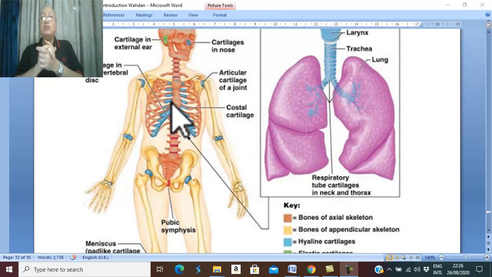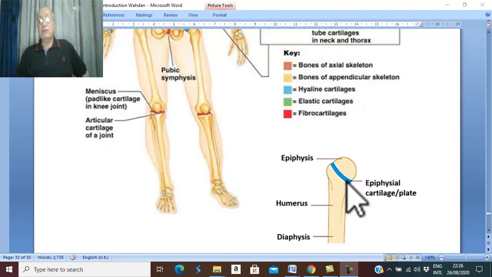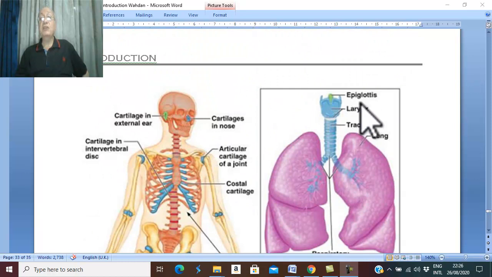Ossification of this cartilage may occur in certain sites. In certain ages, ossification of epiphyseal cartilage occurs, and in very old age, ossification of cartilages of the larynx. This is the first and commonest cartilage present in the human body, which is called hyaline cartilage.